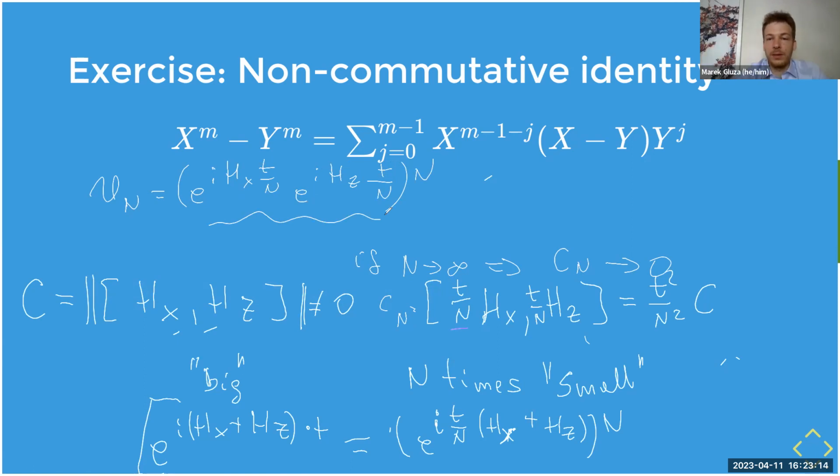In the limit of n going to infinity, those are 0 objects, but they become more and more commutative, and their commutator scales stronger than n. It's n squared. Both pieces here contribute 1 over n, and because of this scaling, we get something non-trivial.